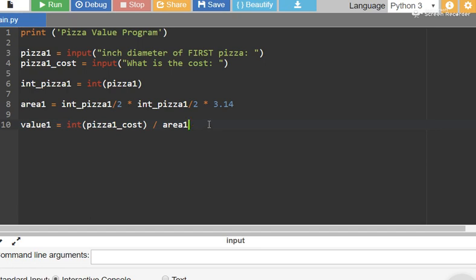So now, following our flowchart, we want to print out the output, a bit of HCI to put our output in context and make it meaningful. The area of pizza 1, which is the variable, and that will be the size. So the area of a 10-inch pizza is, and we're taking area 1 there, and it will print out the actual area of it.